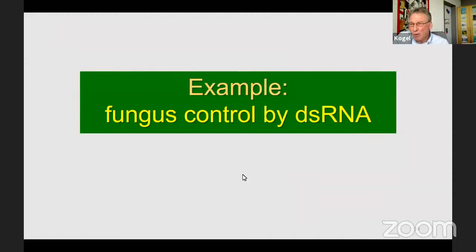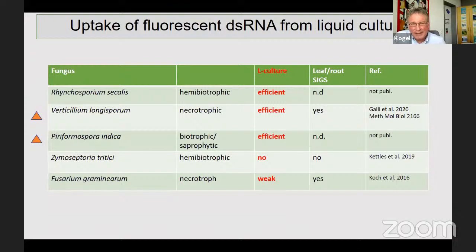So I focus now on fungi and the problem of the uptake of double-stranded RNA in fungi. We made a systematic approach by checking a lot of fungi on whether they can take up double-stranded RNA. This is a prerequisite for using this as a plant protection strategy.